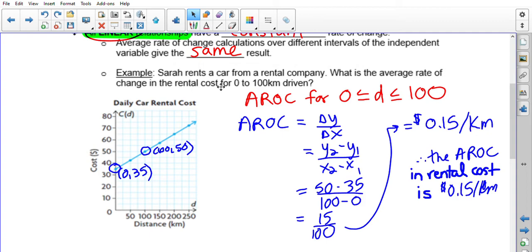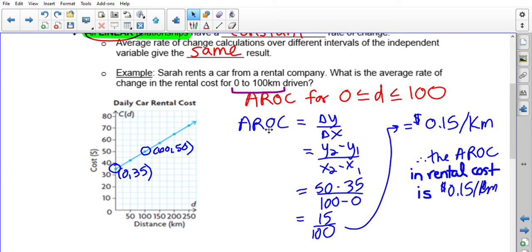So if we had said Sarah rents a car from a rental company, what is the average rate of change in the rental cost for 0 to 100 kilometers driven? Again, always giving you some sort of range here. So 0 to 100 kilometers, you'd go to your graph, highlight the point at 0 and 35, and highlight the point when x was 100, so it's 100, 50.